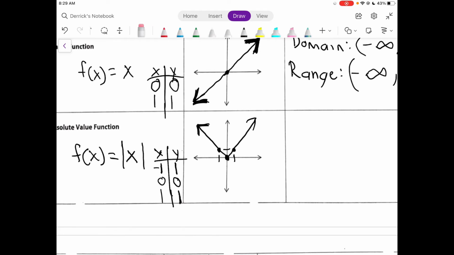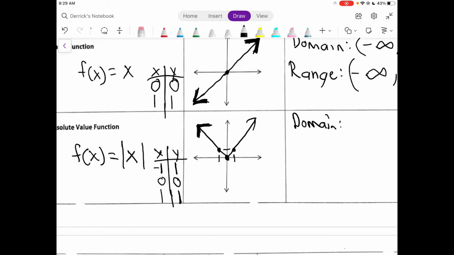Now let's talk about the domain and range for this absolute value function. Remember, domain represents the x's, so we're looking at the x-axis, or I should say we're looking for how far left and how far right this graph goes. Well, on the left side, I see an arrow pointing left and up, so we are meant to assume that this graph is going to continue going left and up forever.